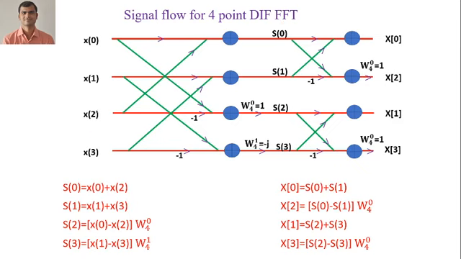Here the input sequence is in natural order and the output sequence is in bit reverse order. And the Twiddle factor exponents are multiplied after the addition. After completing each butterfly, we have to multiply with -1.